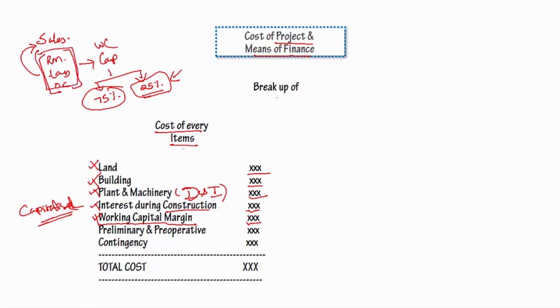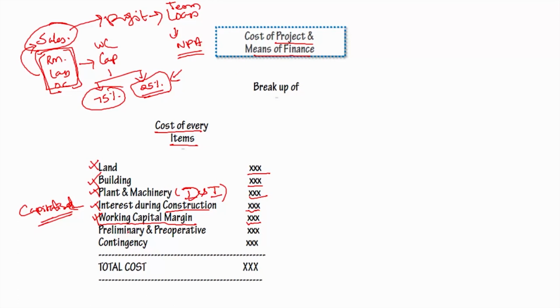If they cannot invest in these items, they cannot make sales. If they cannot make sales, there is no profit. If there is no profit, then the term loan they have given will become a non-performing asset. So understanding this link, banks are very particular nowadays that working capital margin should be loaded as part of cost of project, and that should be funded.